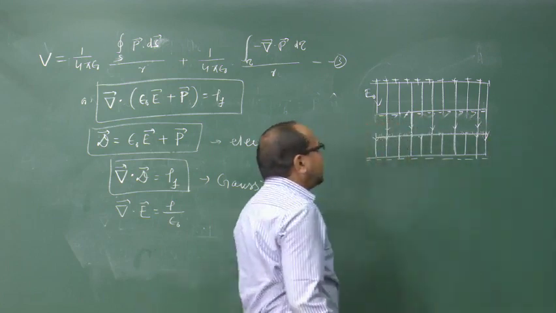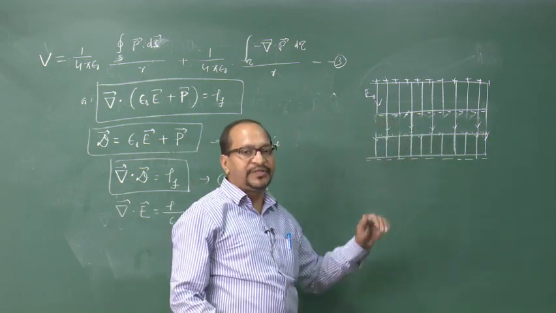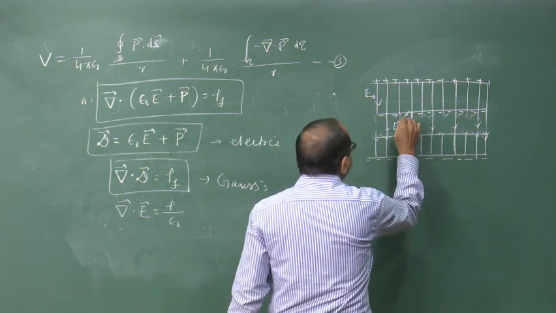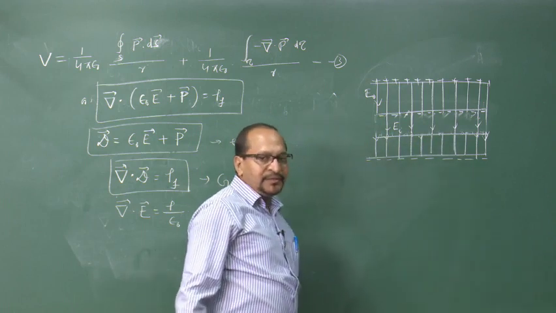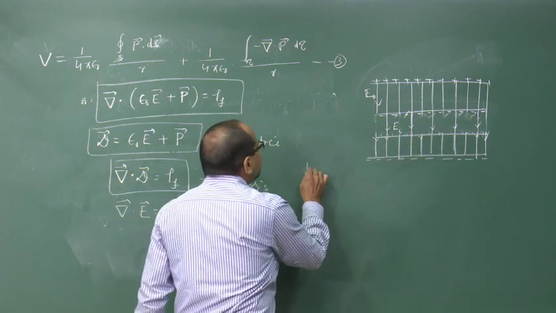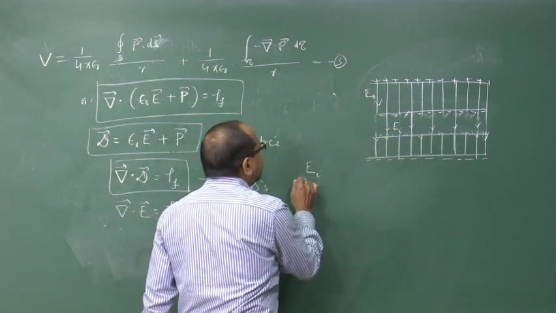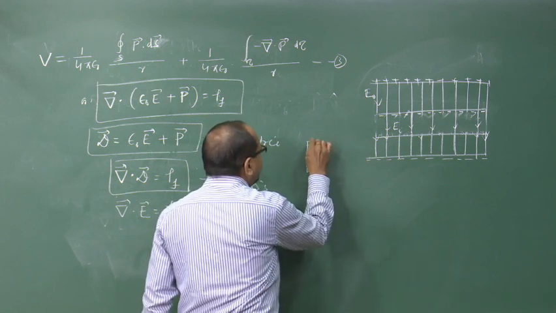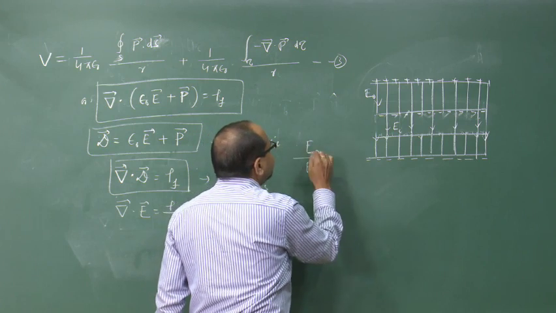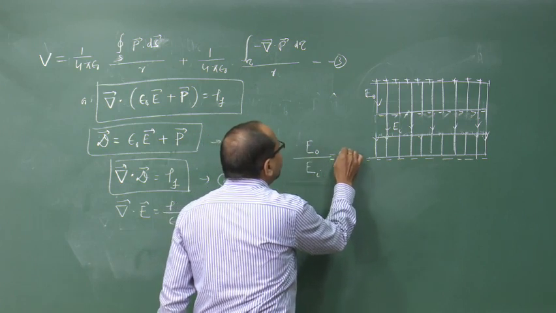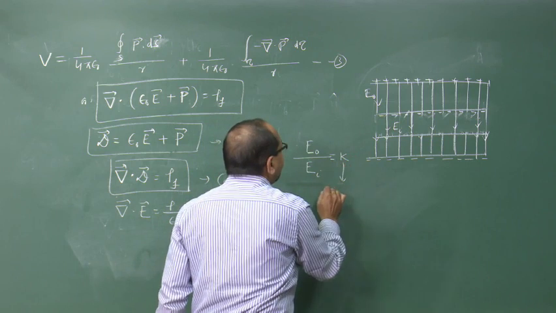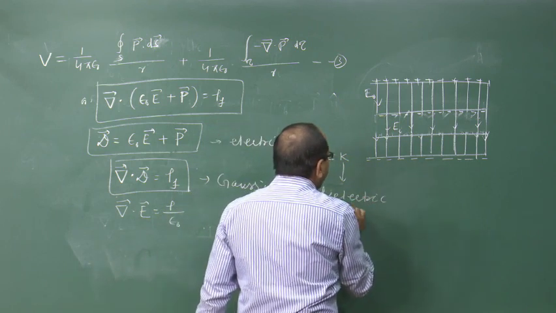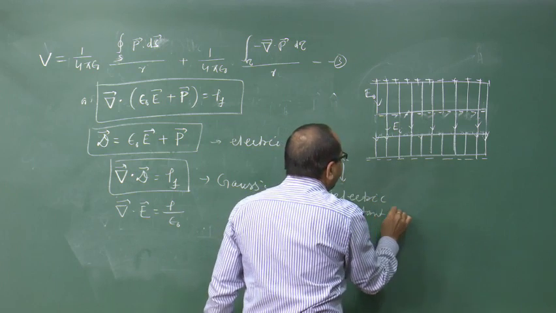Okay. So, inside the dielectric material the field is reduced, say the field is E i, and the field outside the dielectric material is E o. This E o by E i is a constant. This ratio is called dielectric constant of the material.